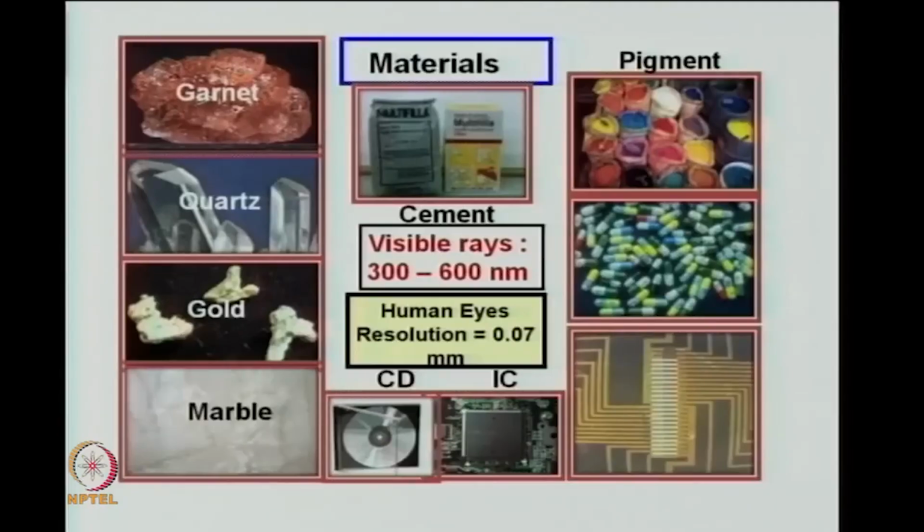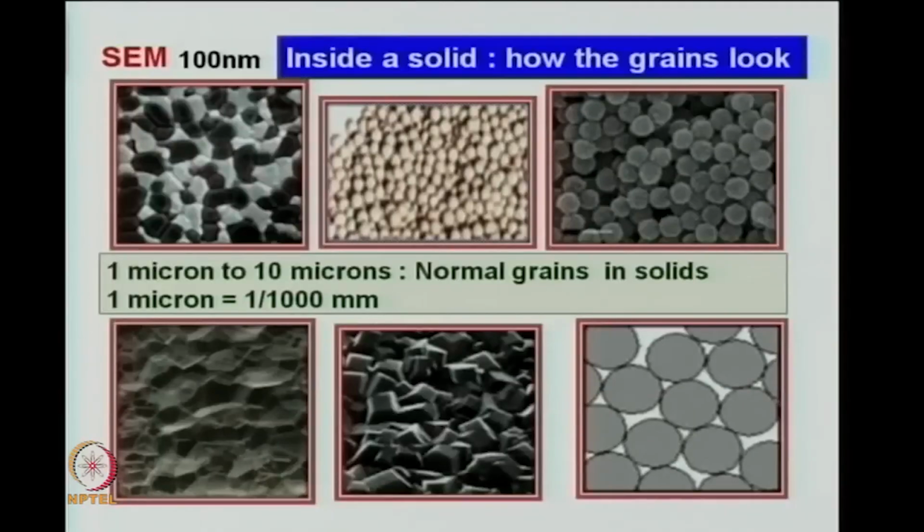Now, if you look at these materials more carefully, that is, inside these materials, if we have something by which we can observe objects much smaller than 0.07 millimeters, like using electrons, then we can see that these materials are made of particles or grains of the size of 1 to 1000 nanometers, which is like 1 micron to 10 microns.